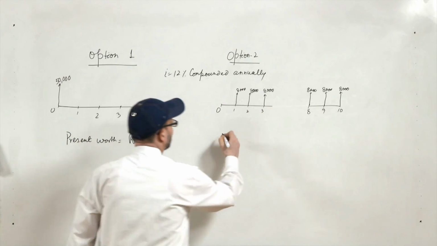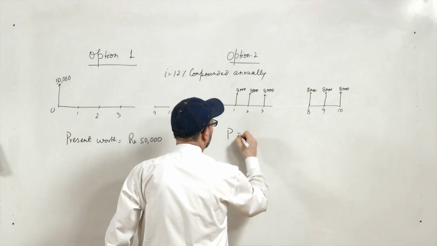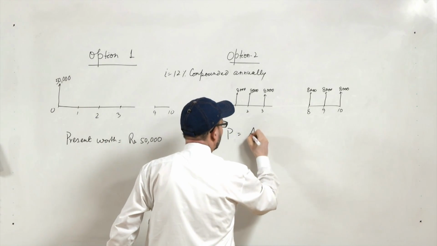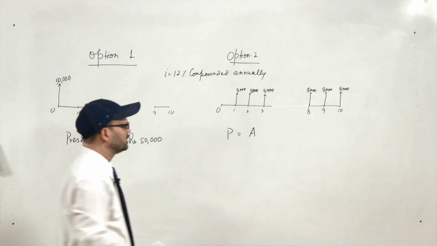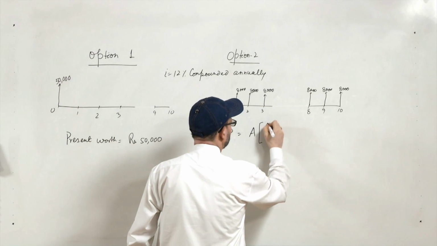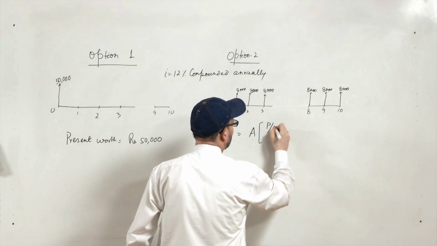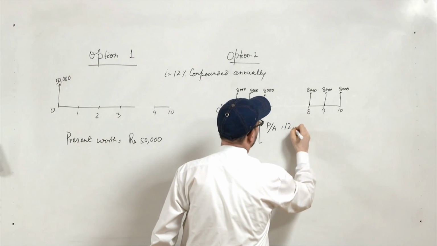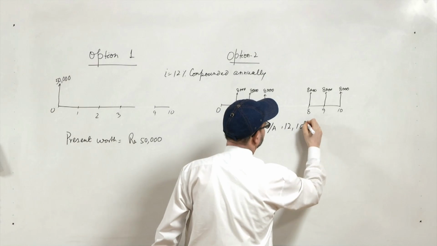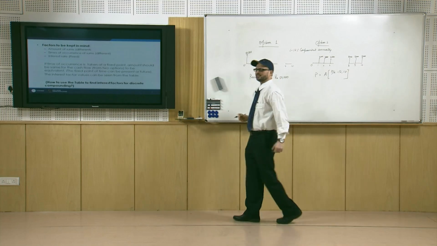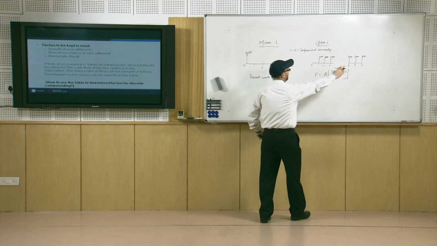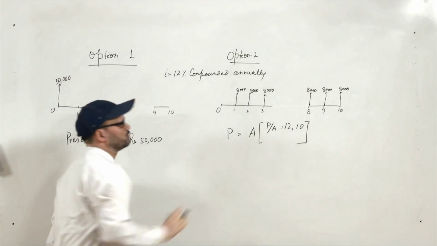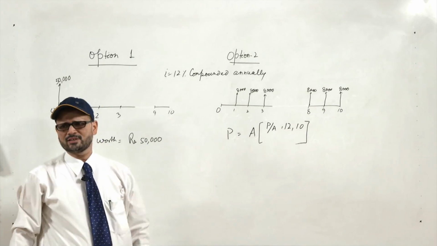So, basically present worth can be found out by multiplying the annual amount with a factor P by A, where i is 12% and N is 10. This basically gives you the equivalent present worth of this cash flow series at this particular point.